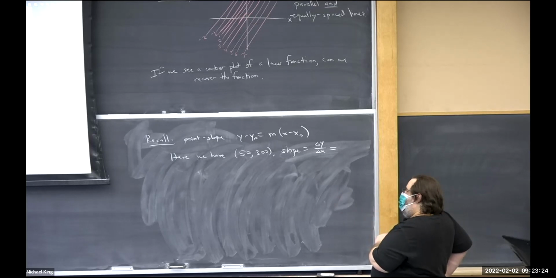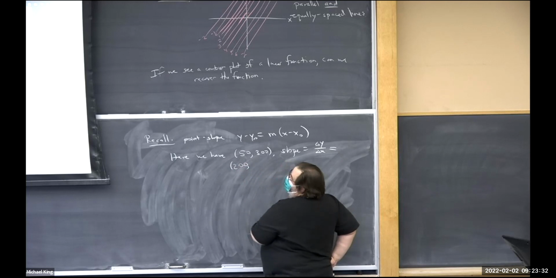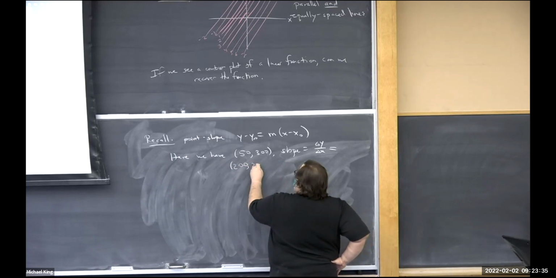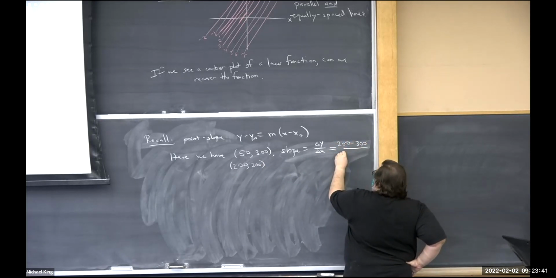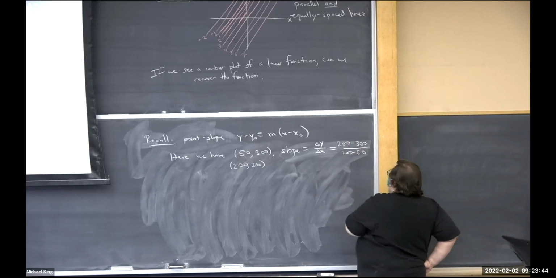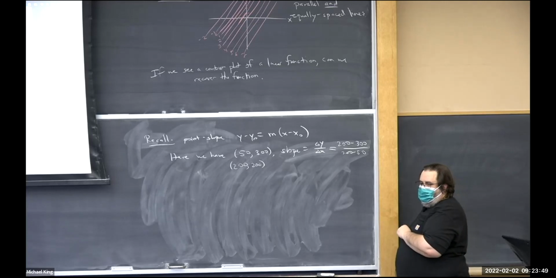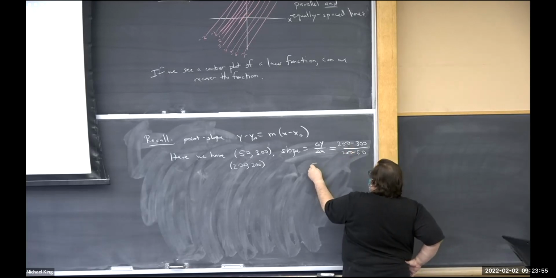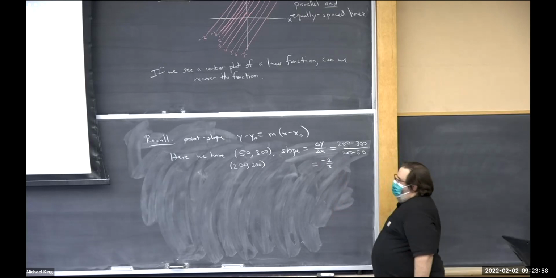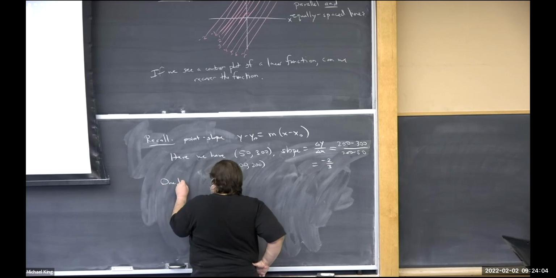We have 50, 300 and 200, 200. So the slope is 200 minus 300 over 200 minus 50. Is that delta y over delta x? Yeah. So that's minus 100 over 150, which is negative 2/3. So we do get one line on the contour plot.